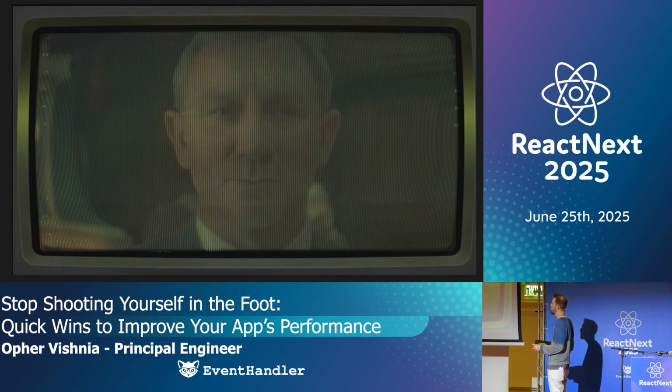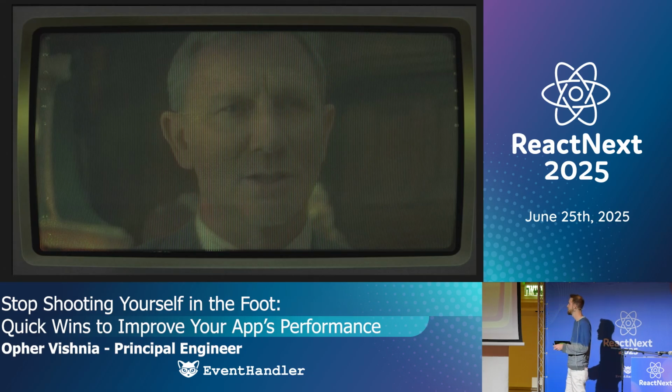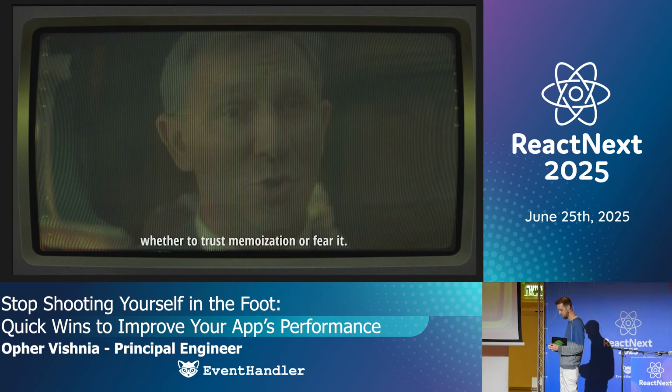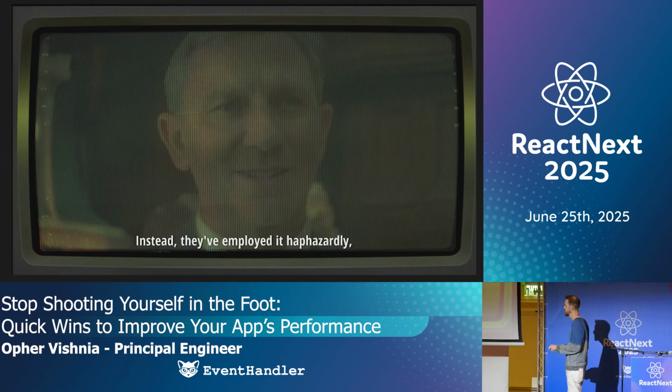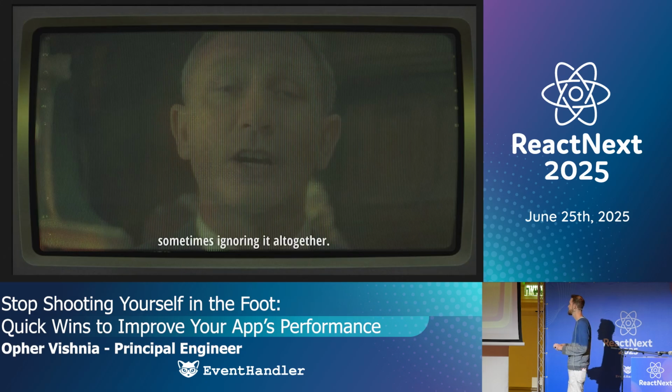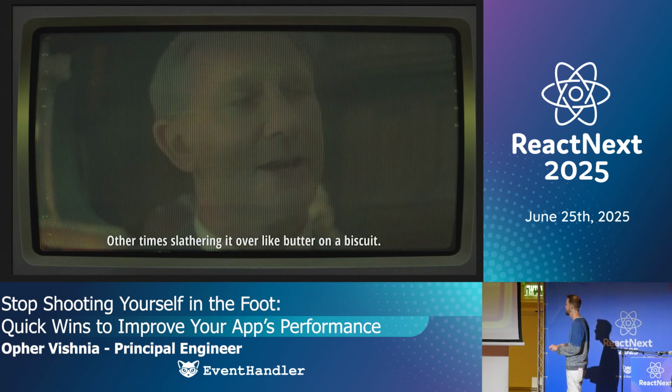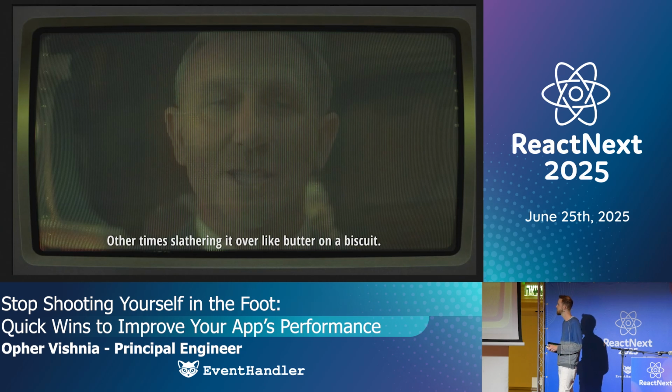Wait, so you're saying you're both overusing and underusing memoization? Exactly. It's as if the developer couldn't decide whether to trust memoization or fear it. Instead, they've employed it haphazardly, sometimes ignoring it altogether, other times slathering it all over like butter on a biscuit.